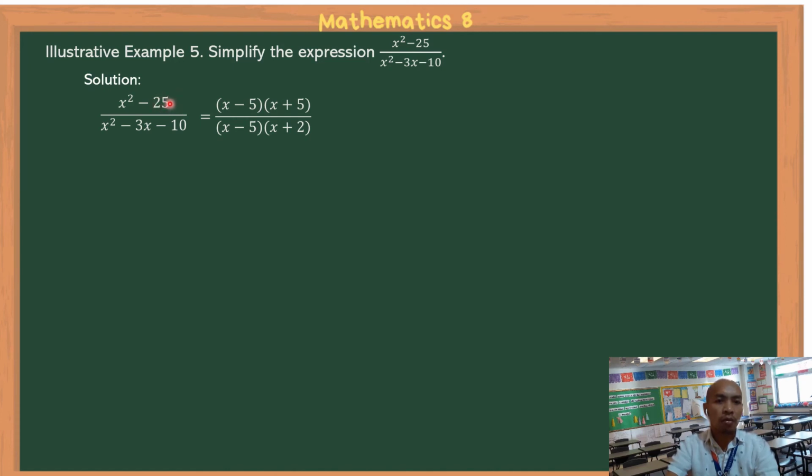What's the square root of 25? That is 5. Since this is a difference of two squares, one factor has a negative and the other a positive, or they can be used interchangeably, so long as both of them have different operations. If you multiply them, the answer would be x squared minus 25.